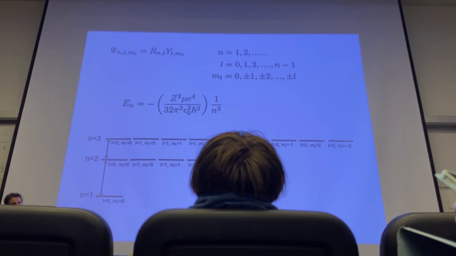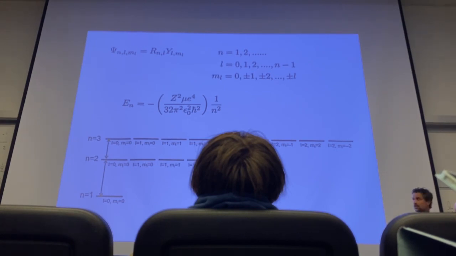In n equals 2, there's two values for L. L is 0 and L is 1. L equals 0 generates only 1 ml value. L equals 1 generates 3 ml values, so there's a total of 4 states. They all have the same energy. They are degenerate.